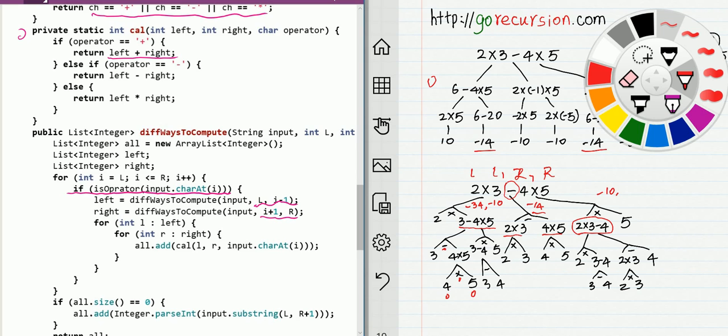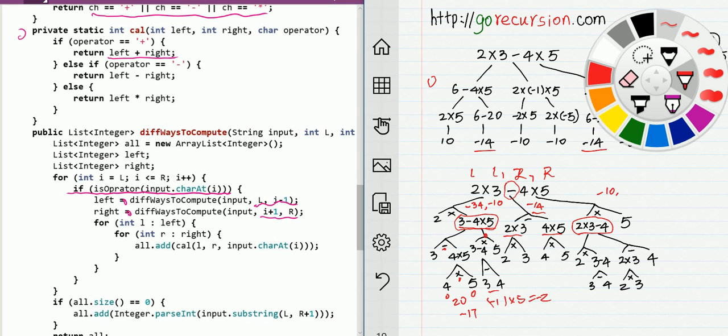When those recursive calls return, for example here, when this subproblem returns, it will get multiple values. For this one here it is 20, so 3 minus 20 is minus 14. For this node here, when it returns, it is minus 1 times 5, which is minus 5.